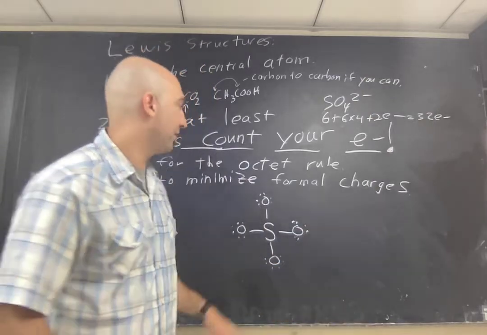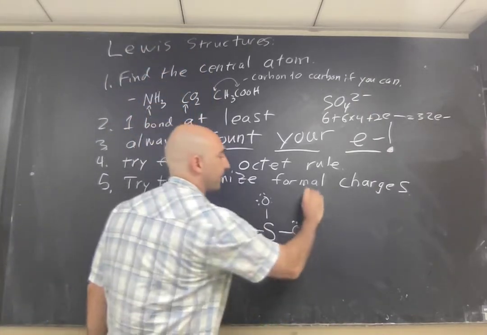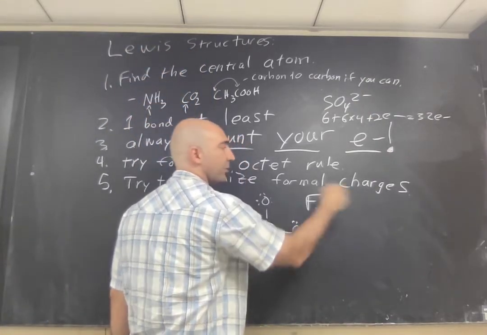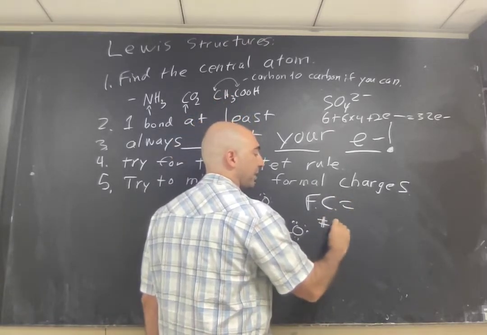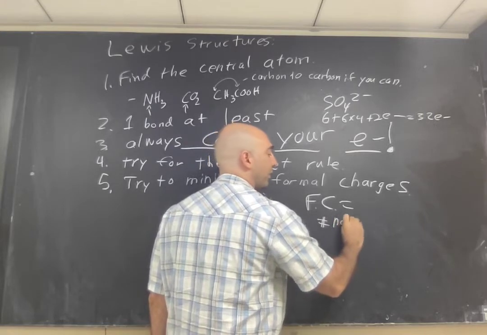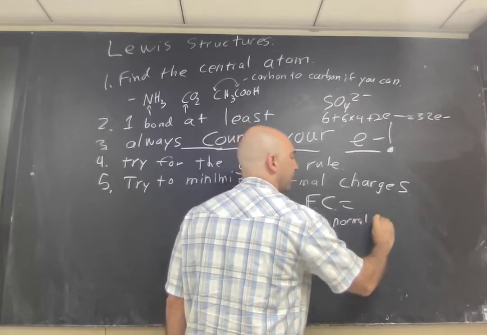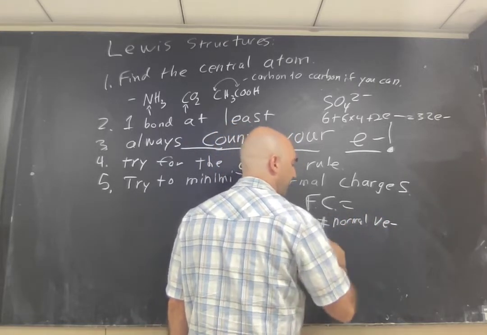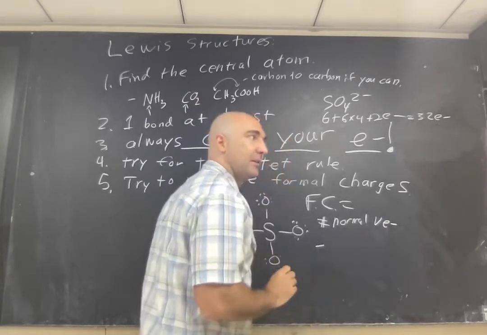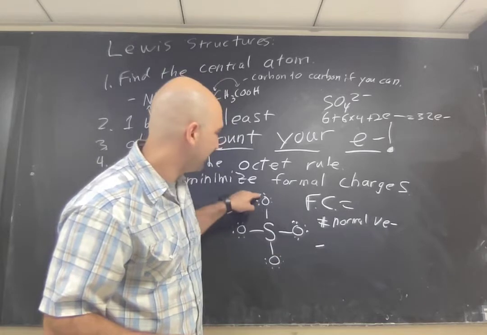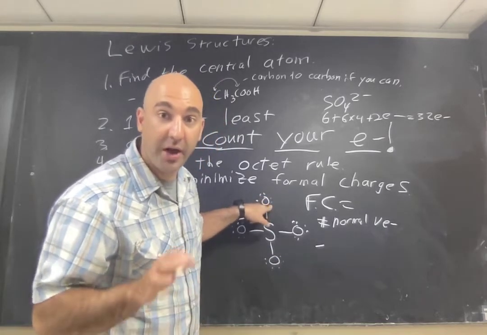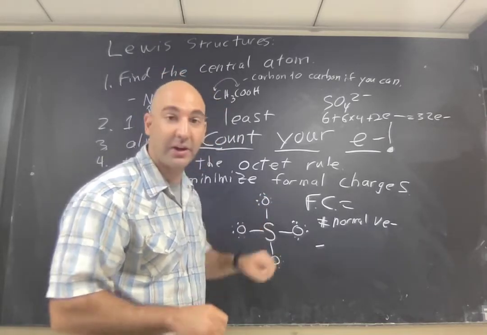Okay, so formal charge, which I'm just going to call FC, is equal to number of normal valence electrons minus lone pair electrons. And the idea here is that these 6 electrons around oxygen are not being shared with sulfur at all.